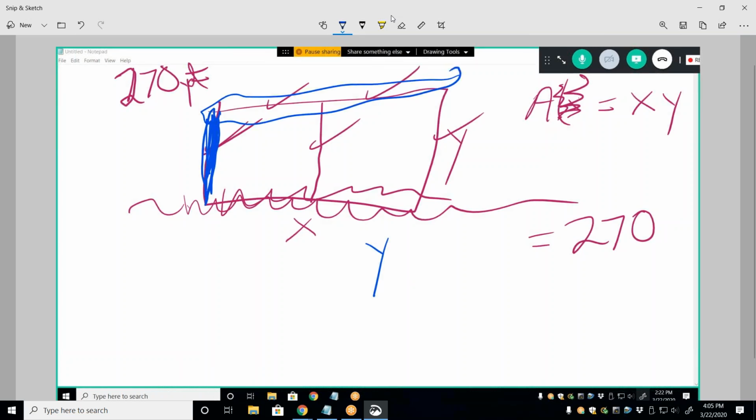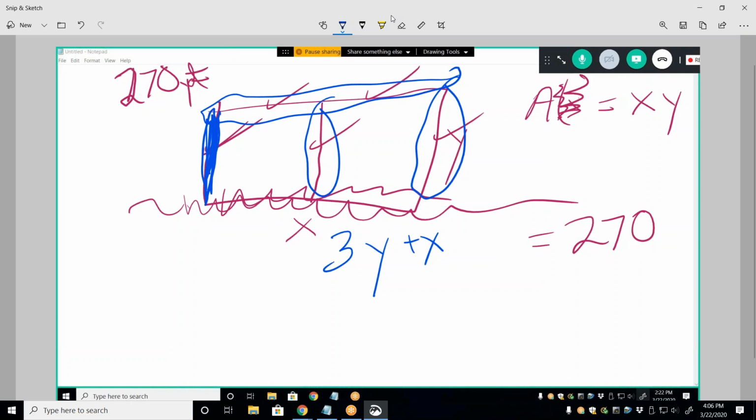X. Plus x. And I've got two more, one there and one there. What are those two? Y. So we actually have 3y plus x has to equal 270. I guess you do have the math to do this because it'll end up being a quadratic.